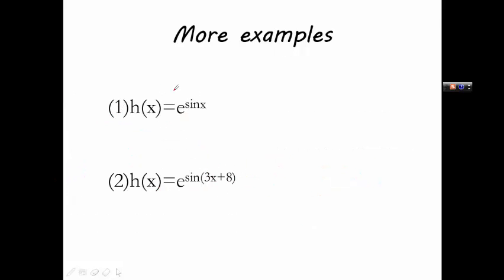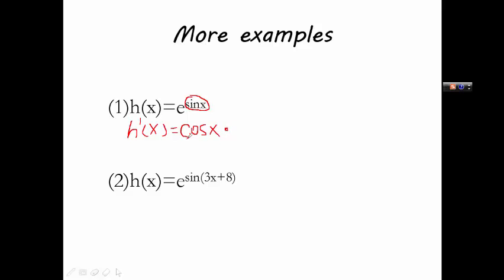We know that this is a composition of two functions. We can apply the chain rule directly to deal with this problem. So h prime x equals, we first take the derivative of the inside function, which is cosine x.